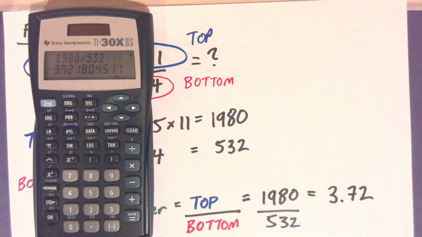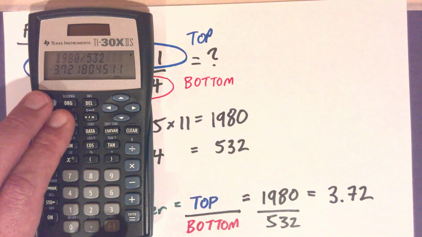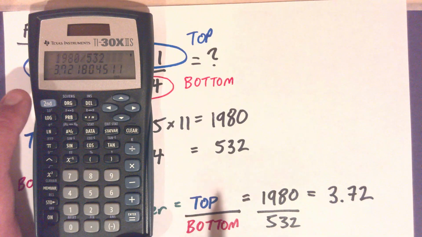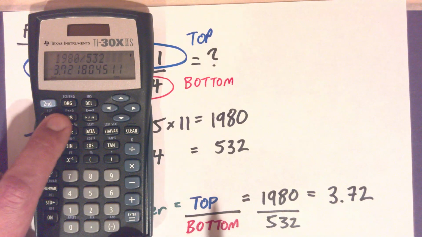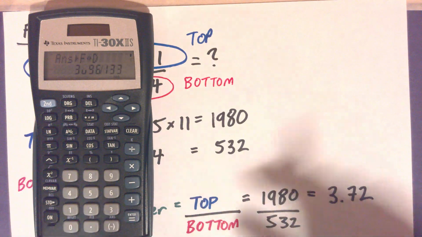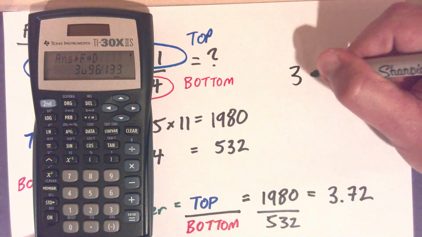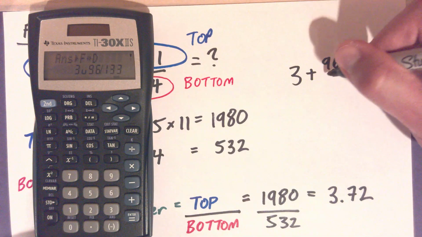If you're needing a fraction form for the answer, you might be lucky to have a calculator that will allow for that. Mine does. If you have something similar, I hit second, and then I hit this FD button here, and then it gives me a fraction of 3 plus 96 over 133.